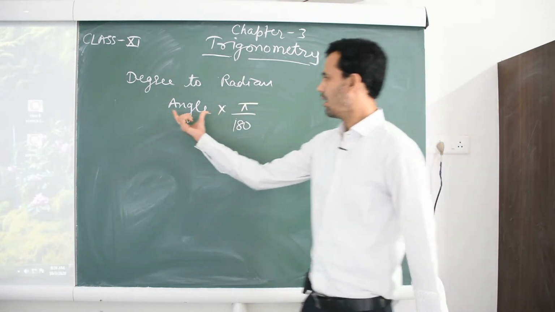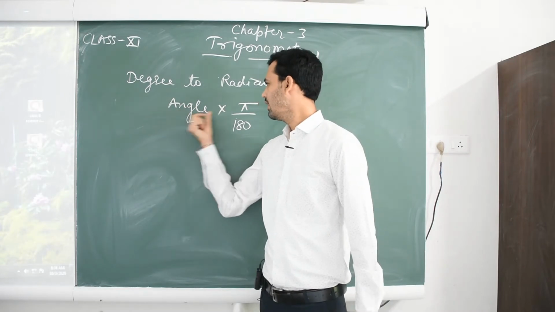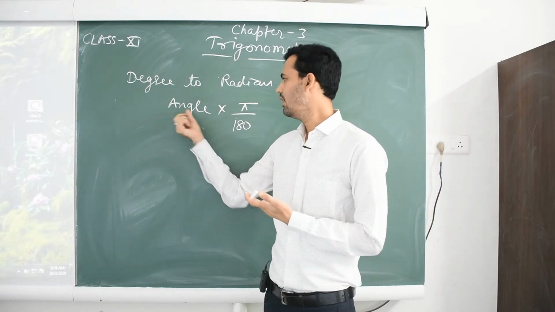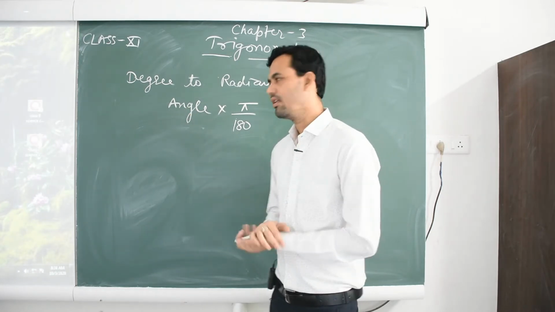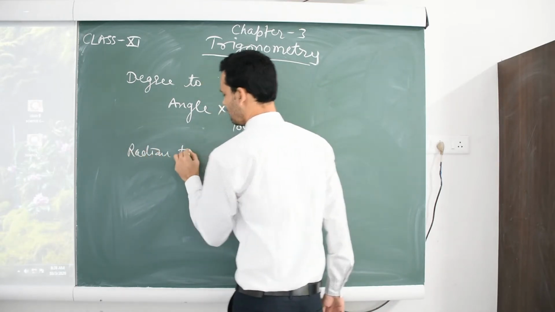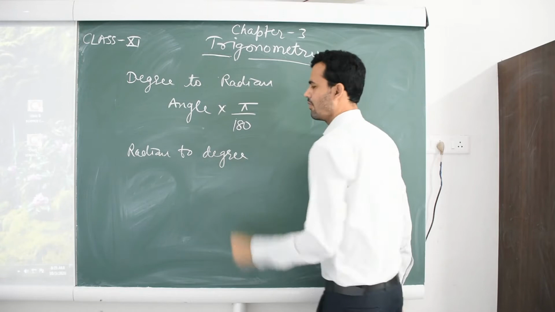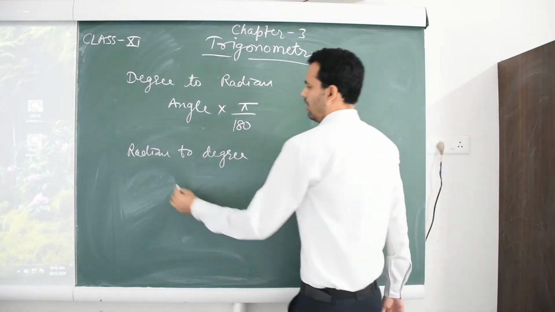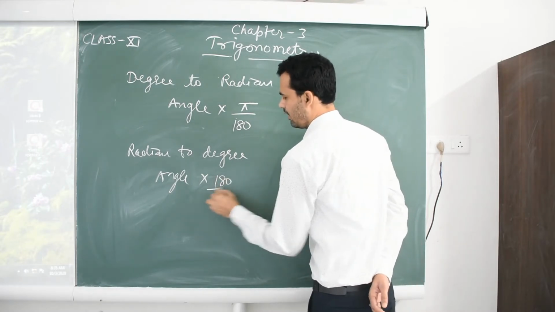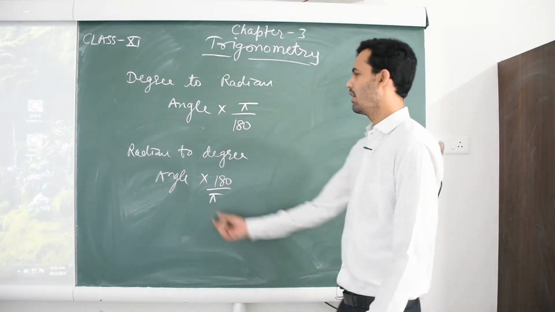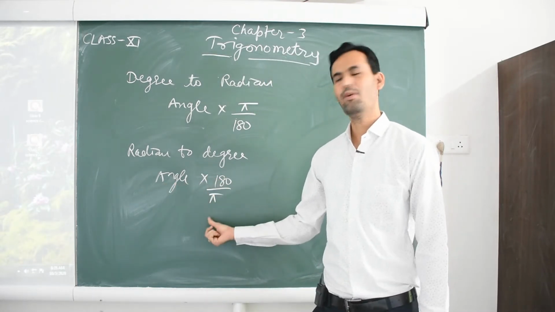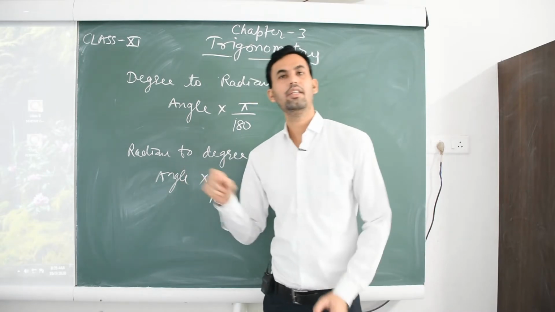If we write this formula, angle into pi by 180, and we put the value of angle in degree here, then we get the angle in radian. And from radian to degree, it is angle into 180 upon pi. If we write angle in radian into 180 upon pi, then we get the angle in degree.